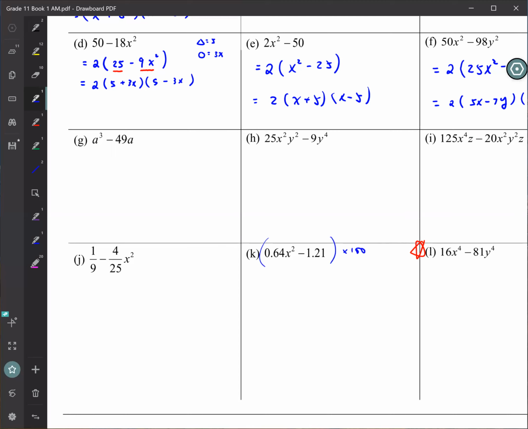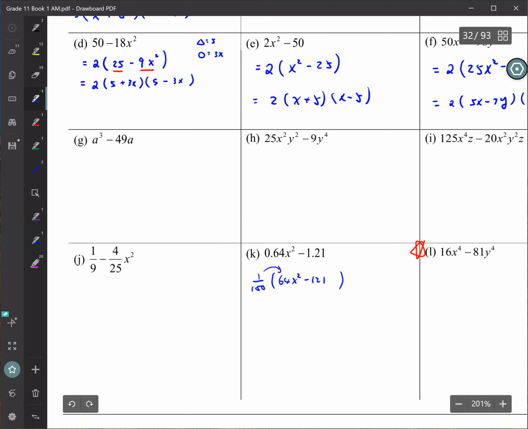And then another one is taking out the decimal point by factoring out 1 over 100. Well, I won't say it's not correct, but it's not necessary, right? If you take out 1 over 100, you get 64x squared minus 121. It's still the same, right?